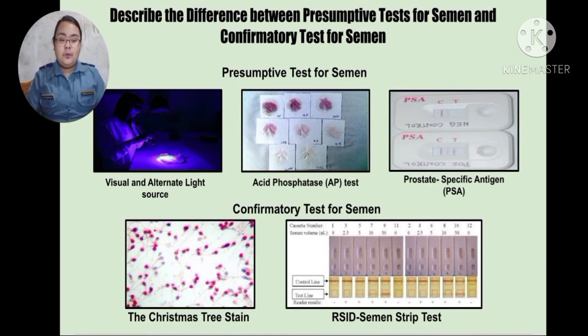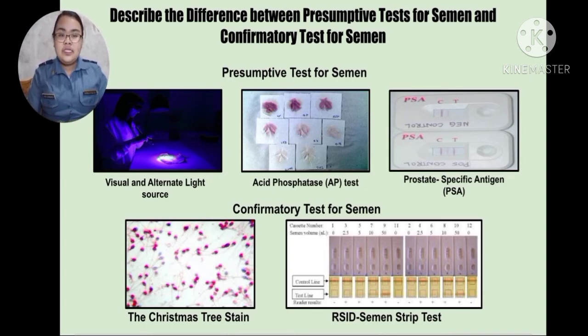Dito naman daw po, yung male prostate gland daw po ay nagpo-produce ng high amounts of acid phosphatase. Gamit daw po yung standard chemical reaction. Ang mga laboratories daw po ang nakakapag-analyze sa mga given stain for the presence of enzyme.